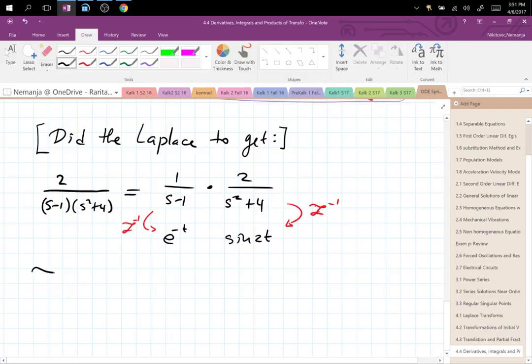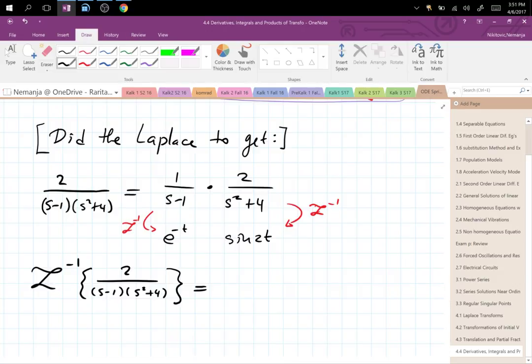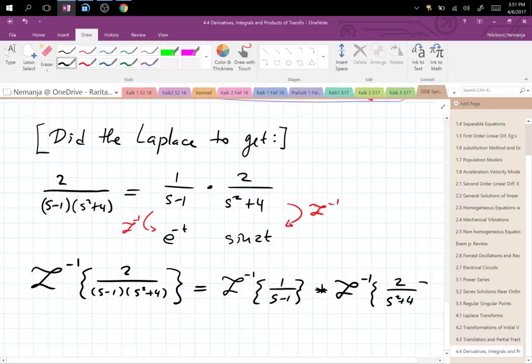So now I can say that the inverse Laplace of 2 over (s minus 1)(s squared plus 4) is equal to the inverse Laplace of 1 over s minus 1 convolved with the inverse Laplace of 2 over s squared plus 4.